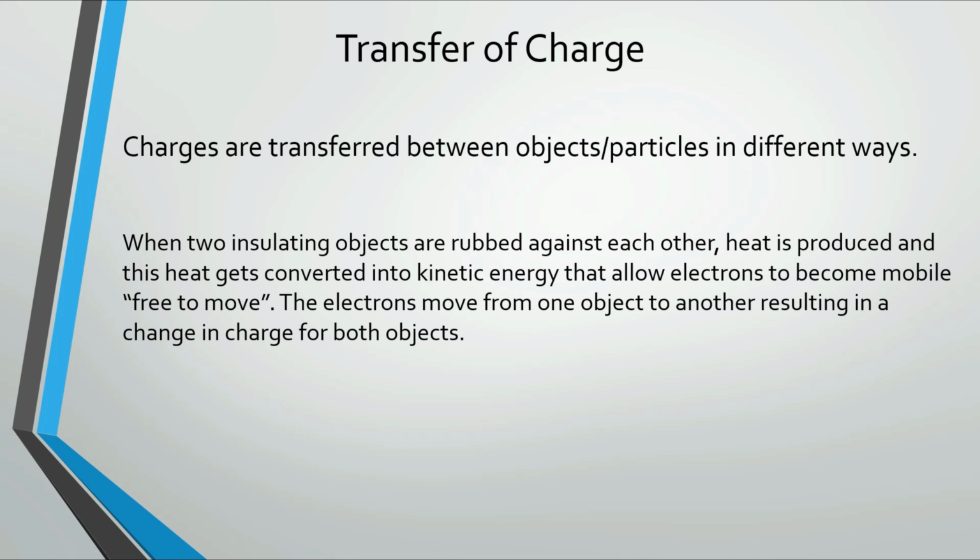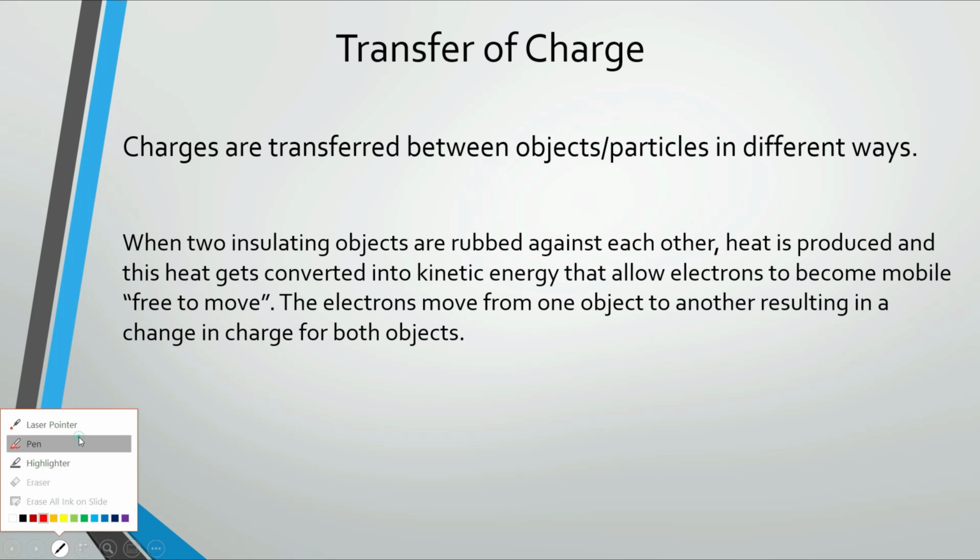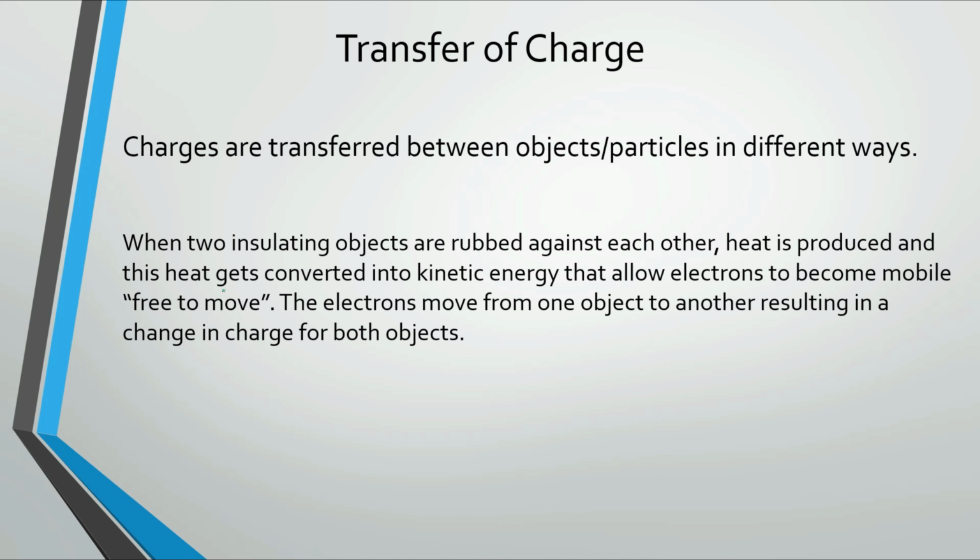So let's write it in sequence. Okay. So first, rubbing the insulator. Rubbing is a form of friction. This results in heat.